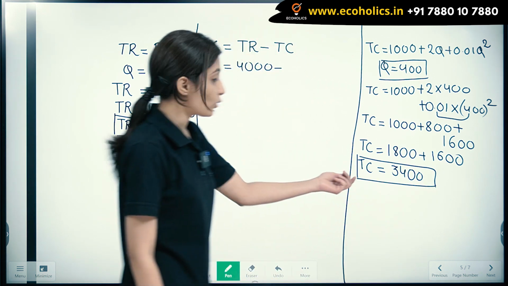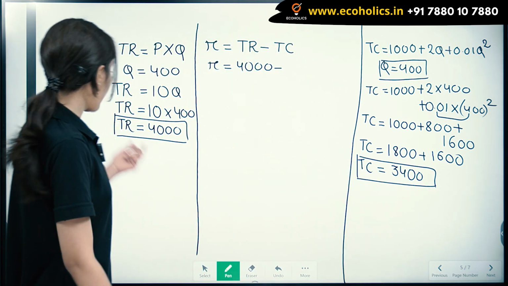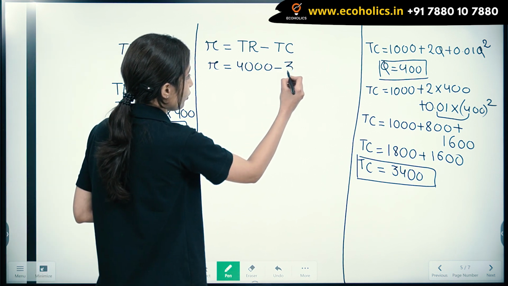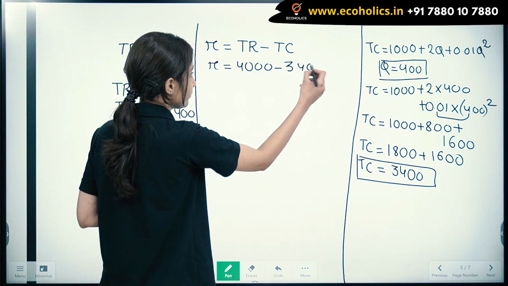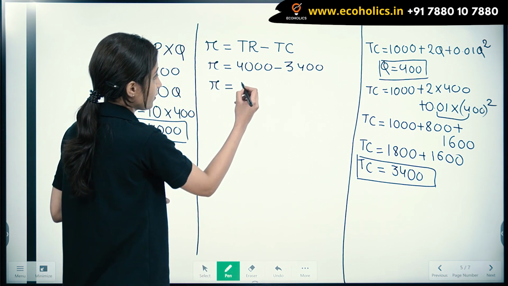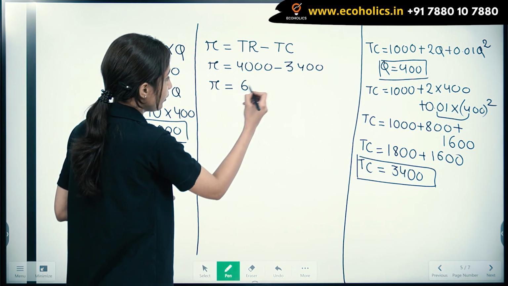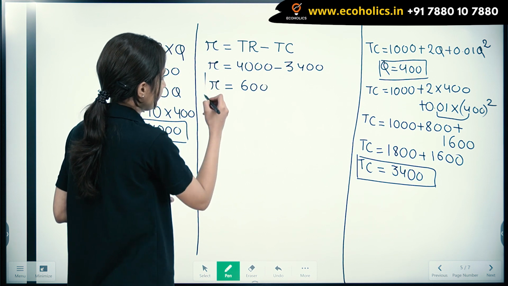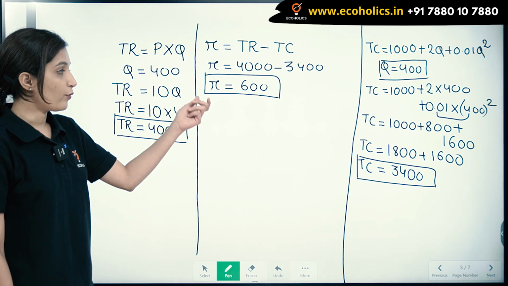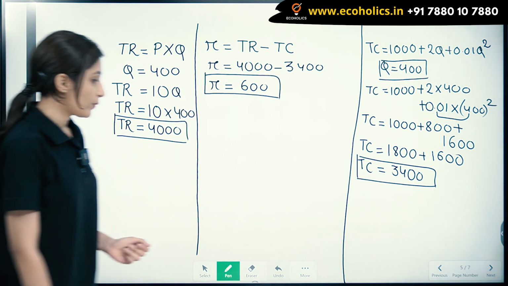So substituting total cost as 3400 and total revenue as 4000, we get our total profits. So this becomes equal to 600. So we get total profits as 600.